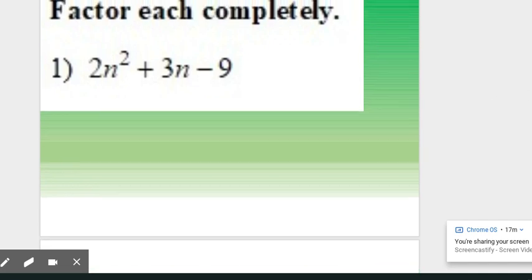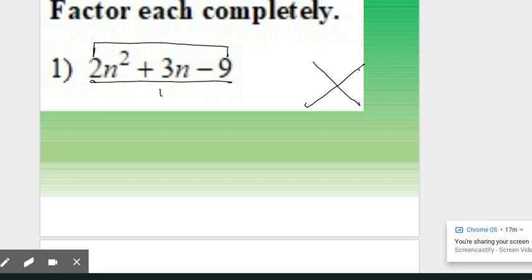So this time we have 2n squared plus 3n minus 9. Well, first thing I check, what can I divide out? 2, 3, 9. When it's done, start your propeller. On the top, A times C. So 2 times negative 9 is negative 18. On the bottom, my B value, 3.